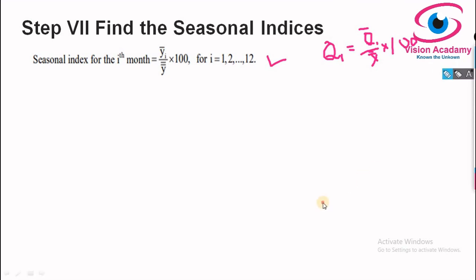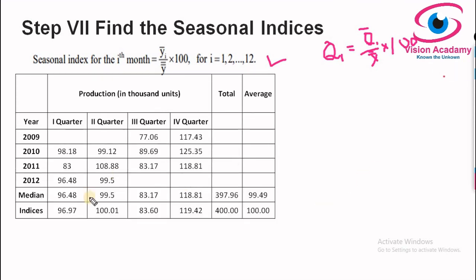So let us consider this. Here we have moving averages, that median and C indices also. I will show you how to calculate seasonal indices quarter-wise. For the first quarter, as I showed you in the formula, the first quarter median is 96.48, and the grand mean is 99.49.